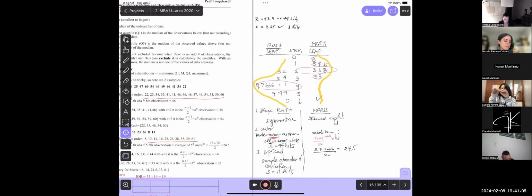Now we're going to do the spread for Maris. How do we do the spread for Maris when the data are skewed? We have to get the range and the 5-number summary for spread.